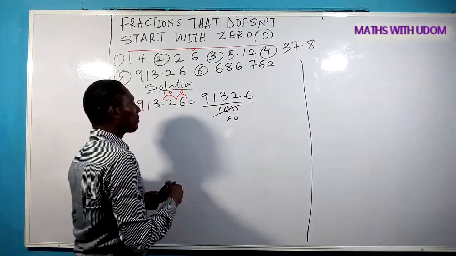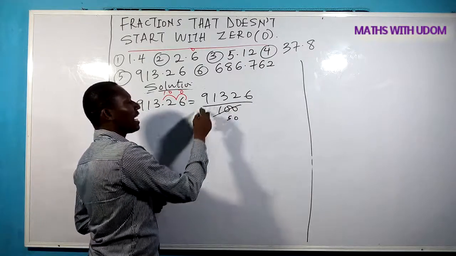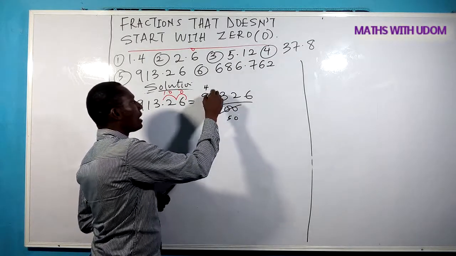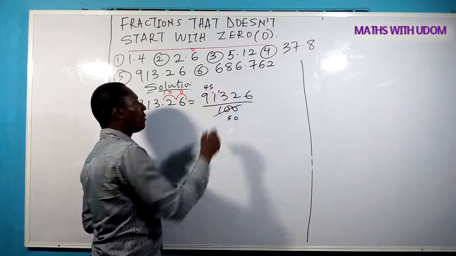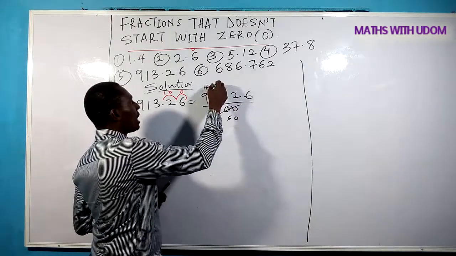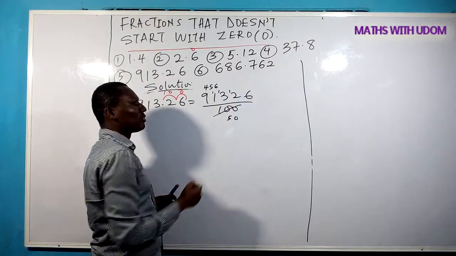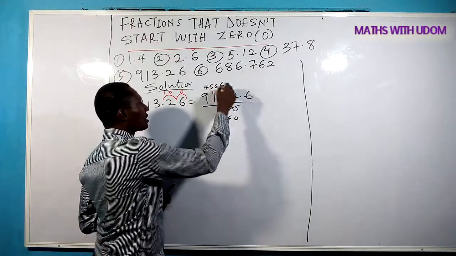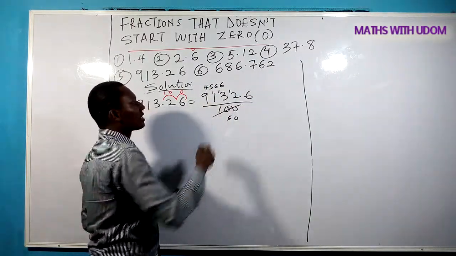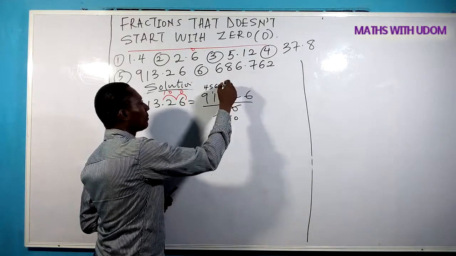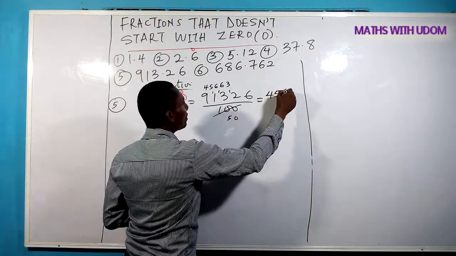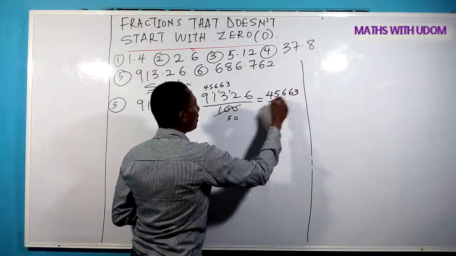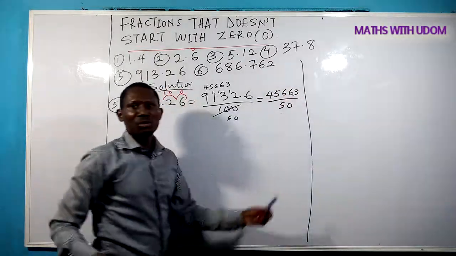How many 2 can go in 9? 4, remainder 1. 2 in 11, we have 5, remainder 1. 2 in 13, we have 6, remainder 1. 2 in 12, we have 6. And 2 in 6, we have 3. So our answer here is 45663 divided by 50. Nothing can go through here again.